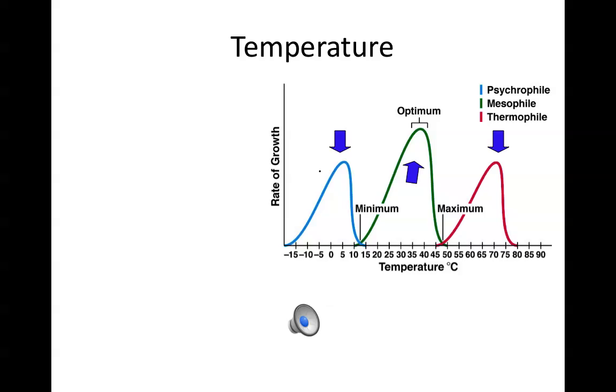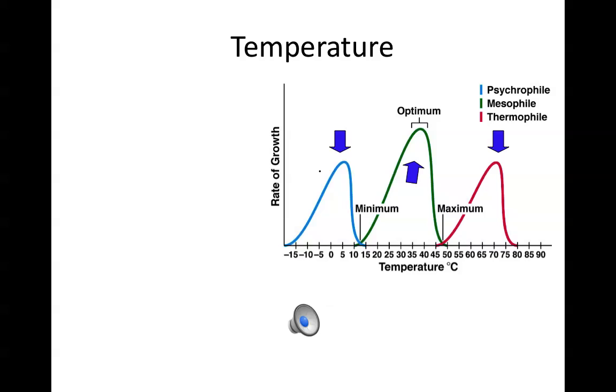And the thermophiles, anywhere from 40 to 50 degrees Celsius to 60 or 80 degrees Celsius. And the hyperthermophiles will grow easily at and above 80 degrees Celsius to 110 degrees Celsius.